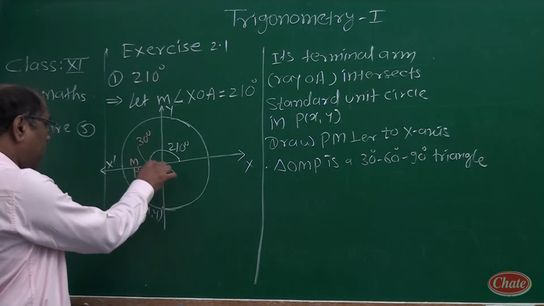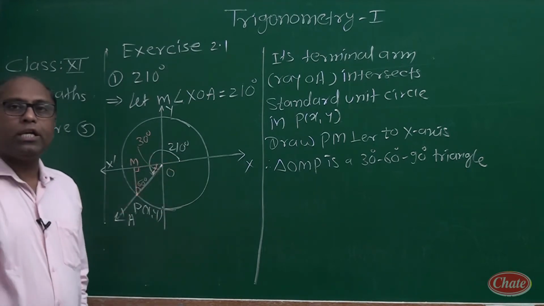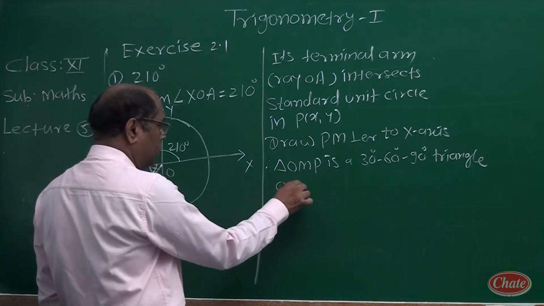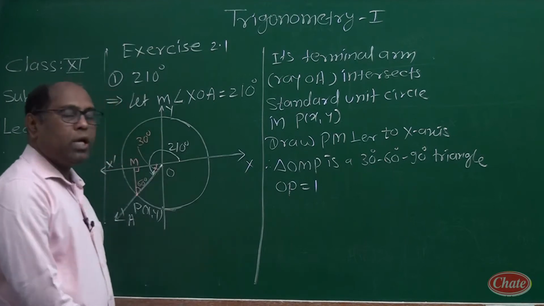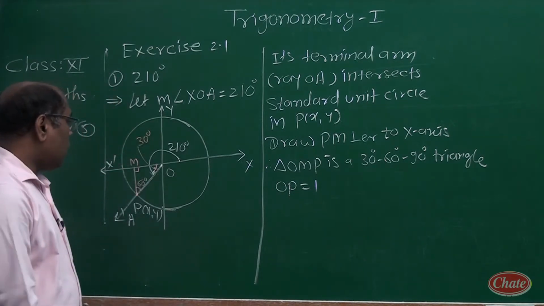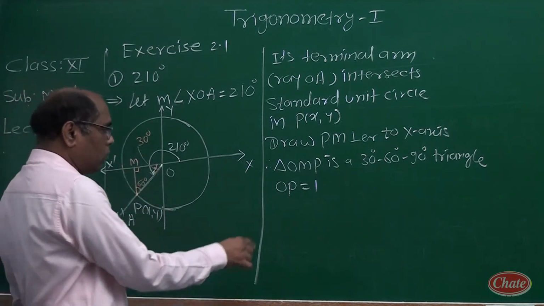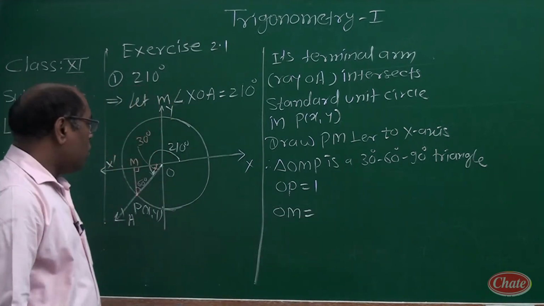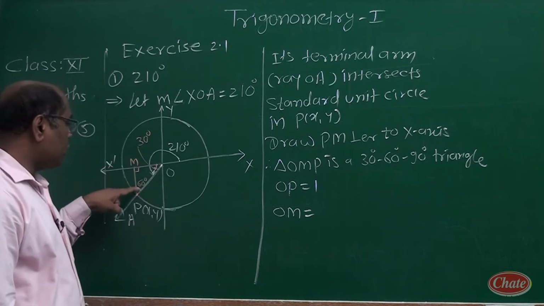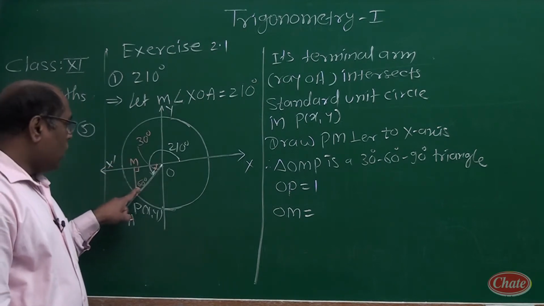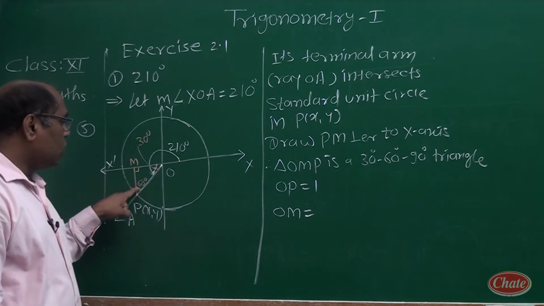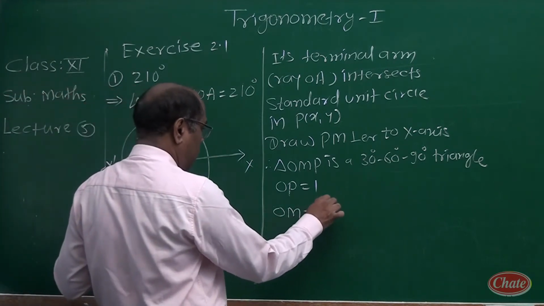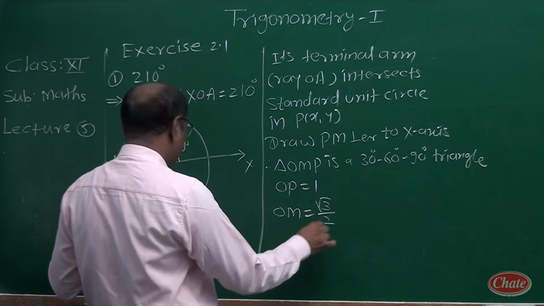Now here OP is the radius of the standard unit circle, so OP is equal to 1. OM is the side opposite to 60 degree, and that is root 3 by 2 times the hypotenuse, that is OP.